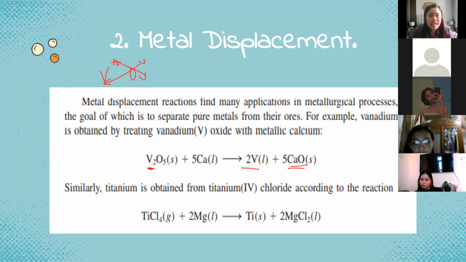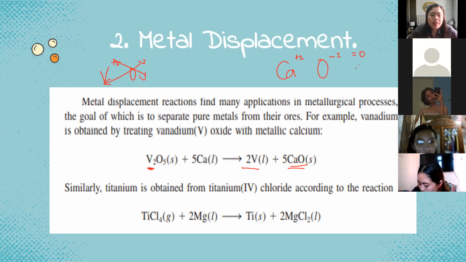So, hindi niya kailangan ng subscript na 2. And for calcium oxide, calcium is +2, oxygen is -2. This is equal to 0, so we don't need to do the crisscross. Thus, we don't have the subscript for the product. Okay? So that is how they obtain vanadium from the ores, the ore of vanadium that is deposited in nature.